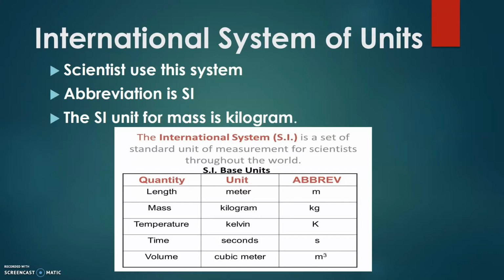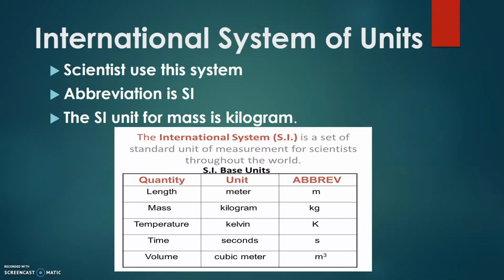One of the systems that scientists use is called the International System of Units. Scientists use this system because they want things to be the same, no matter where the report, the experiment, or the data is being read. If a scientist does an experiment here in the United States, and they repeat it over in Europe, then they will be using the same units.